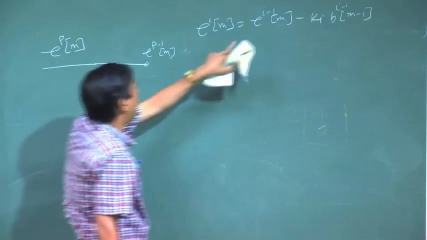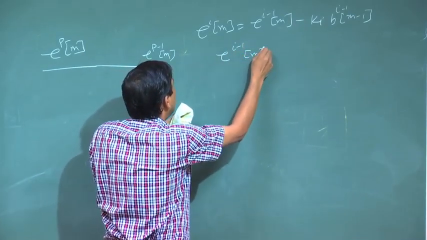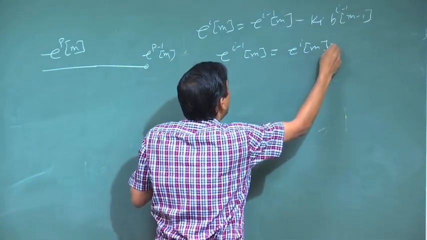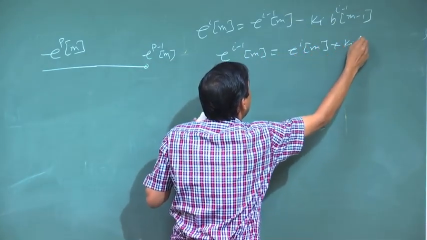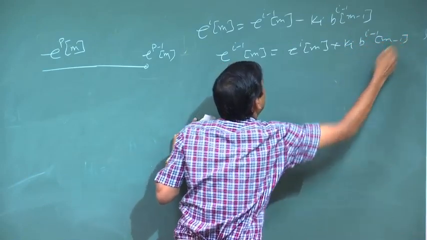Okay. So, EI minus 1 m is equal to EIM plus KI into BI minus 1 m minus 1.